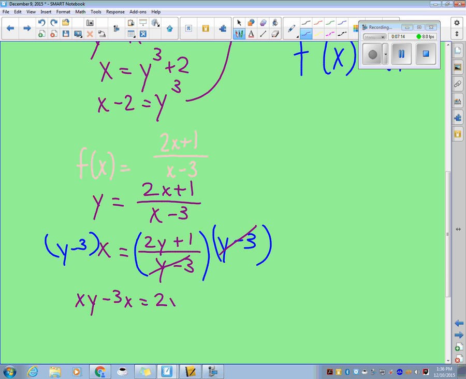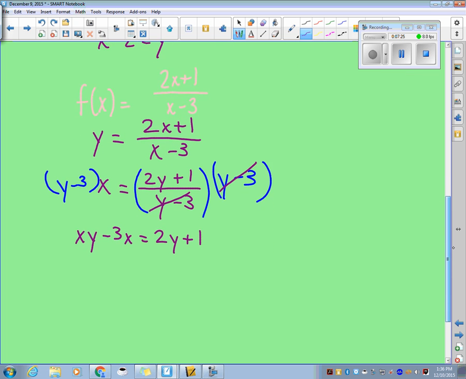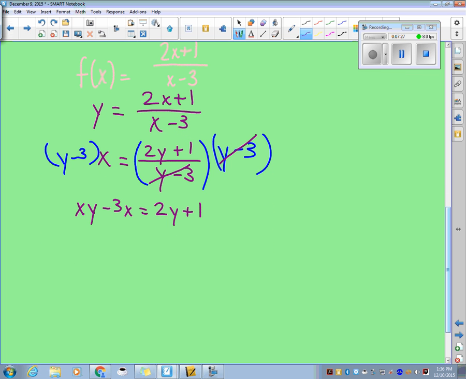So you remember I'm solving for y. So what I want to do is to have everything with y on one side and everything that doesn't have y on the other. So I'm going to subtract 2y from both sides. So xy minus 3x minus 2y equals 1. So now I'm going to move this piece over because I want that one to be on the other side. It doesn't have a y.